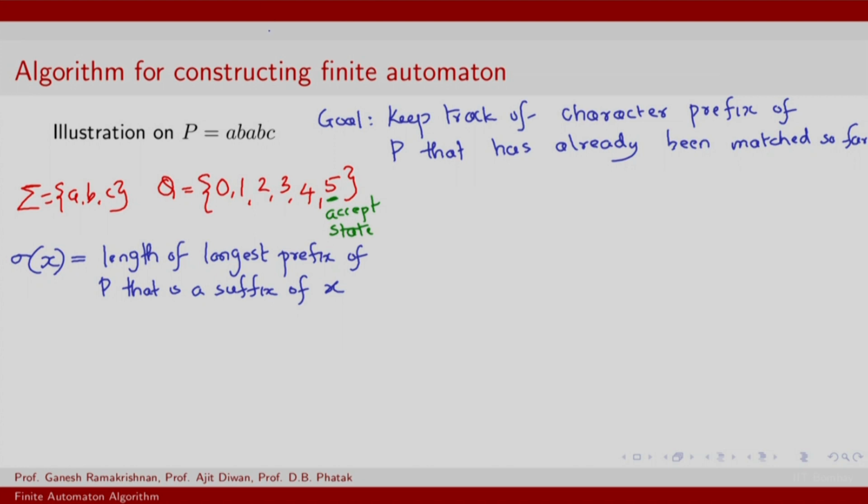Well, this x is what has been matched so far already in the automaton. X is a sequence of characters already matched in the automaton.